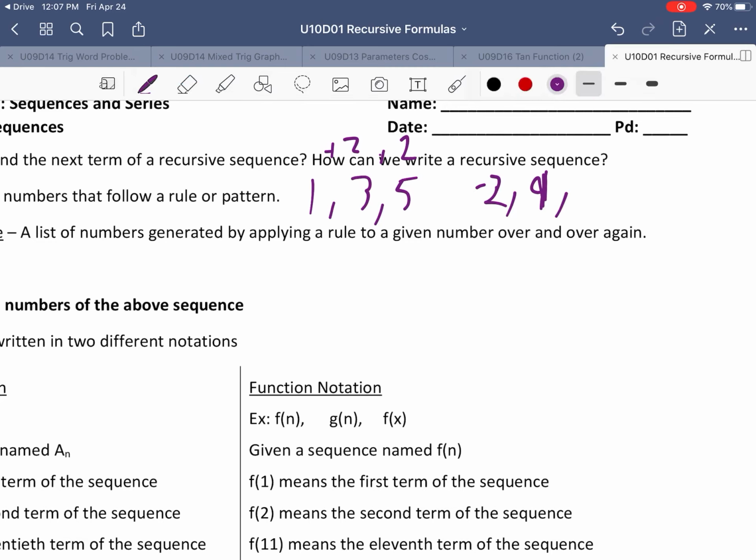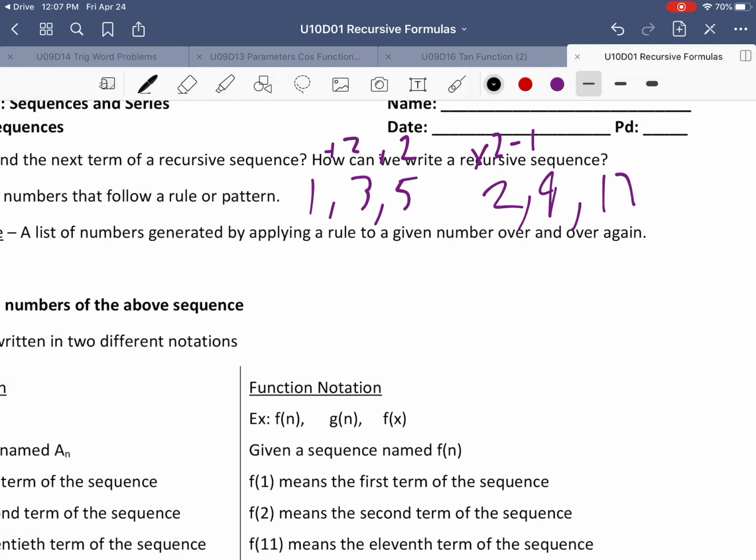The rule I'm actually trying to use here is times 5 minus 1, so 2 times 5 is actually 10. Let me rewrite that. So I was writing 2, then 9, and then I took a moment to figure out what I was multiplying. It would be 17. So this rule is actually times 2 minus 1. So this is a sequence that has two rules in its pattern.